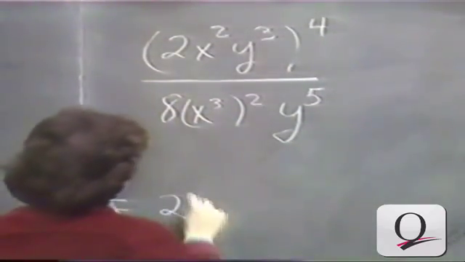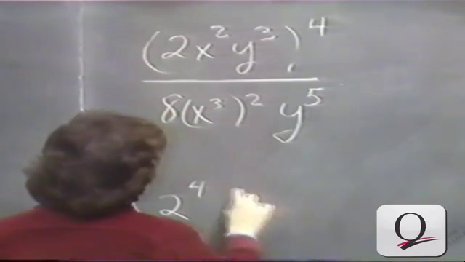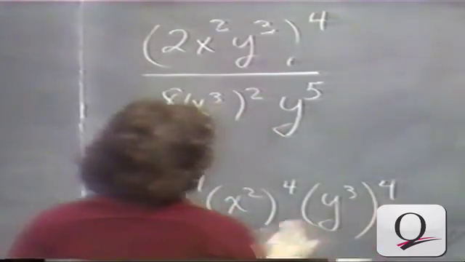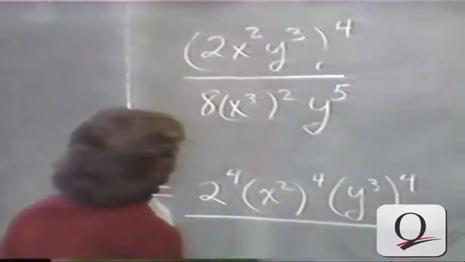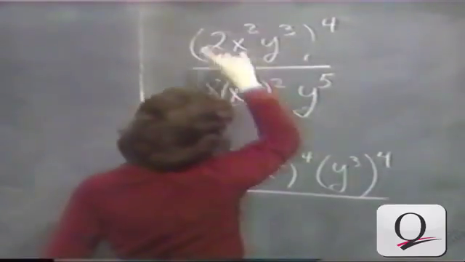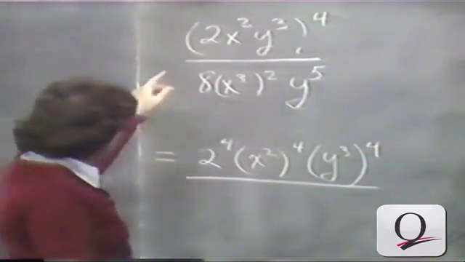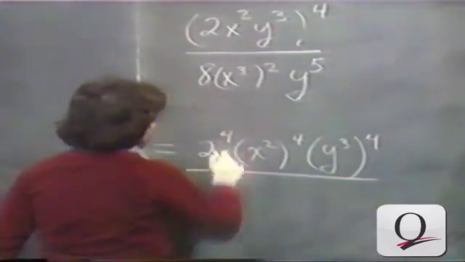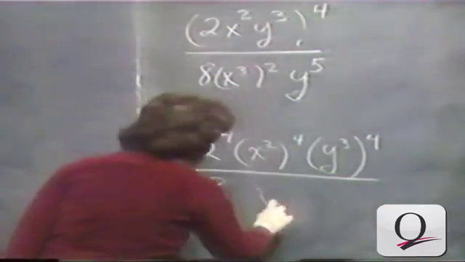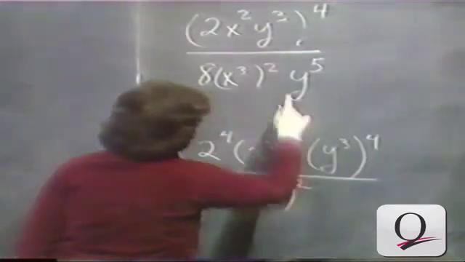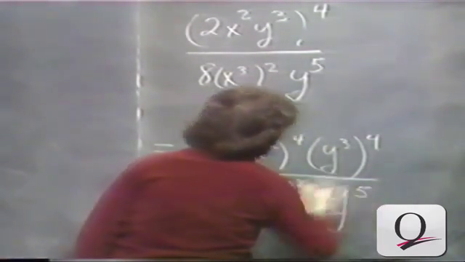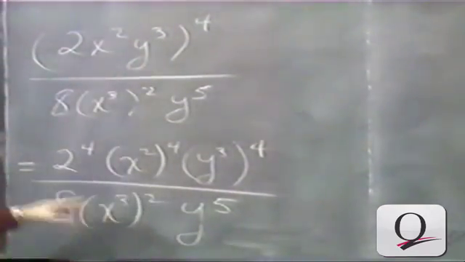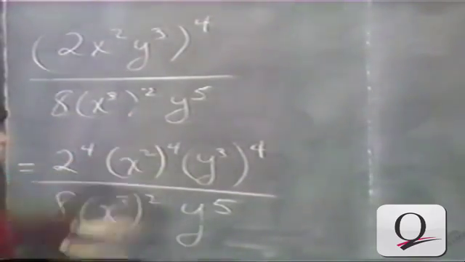So we'll have 2 to the 4th power, x squared to the 4th power, y cubed to the 4th power, over, now the whole numerator was to the 4th power, so we broke it up. The denominator doesn't have that. We have 8 by itself, x cubed to the 2nd, and y to the 5th.